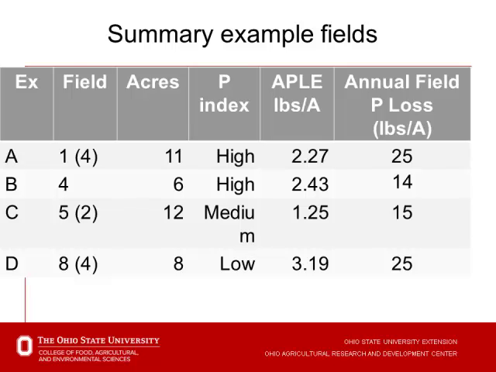How many dollars per pound of loss are we actually able to achieve in implementing this practice on that particular field? And that starts to tell the story about the overall economics that we need to think about in looking at best management practices that we can implement on a cost-effective basis, so that we can answer two things from this.